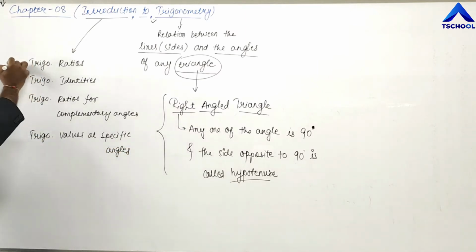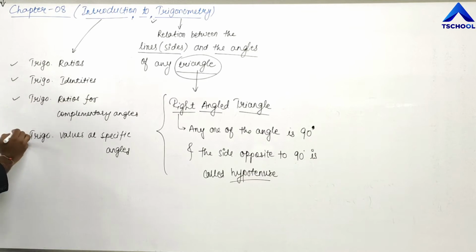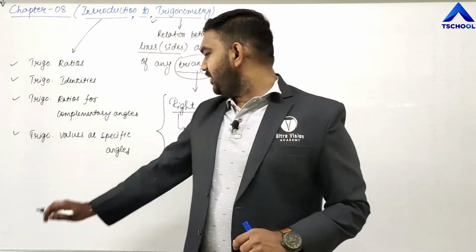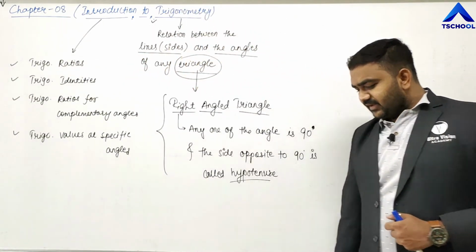These are the 4 topics that we are going to study in this chapter: the trigonometric ratios, trigonometric identities, trigonometric ratios for complementary angles, and the trigonometric values for some specific angles.